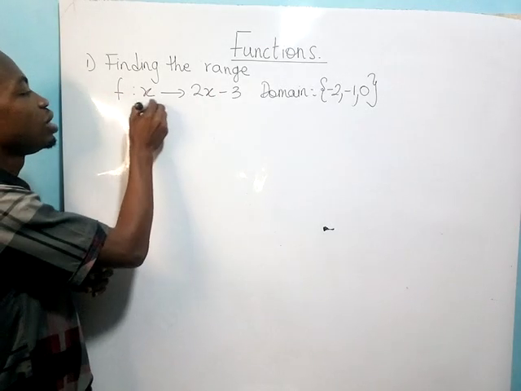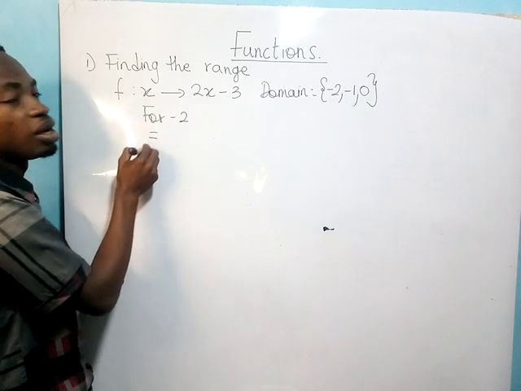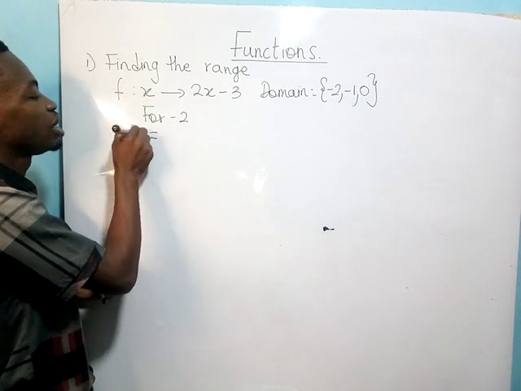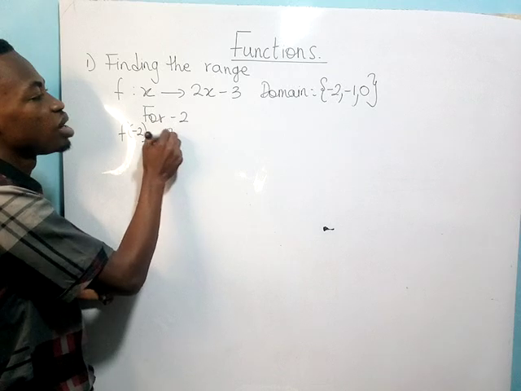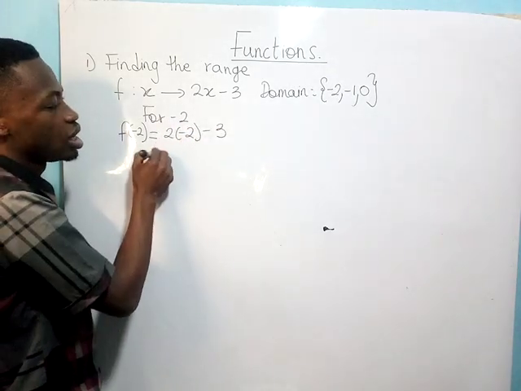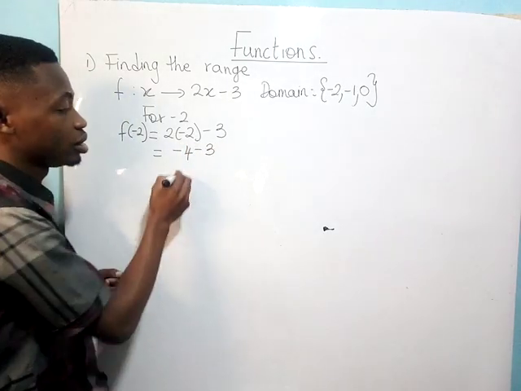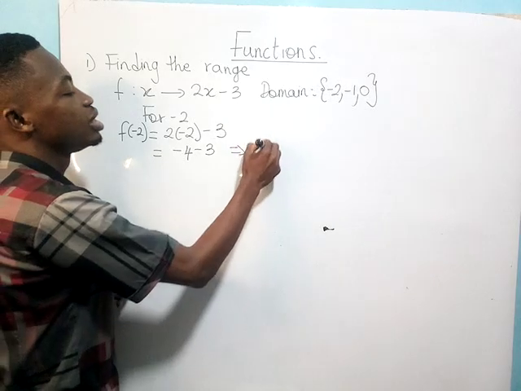So for -2, our f of -2 will give us 2 times -2 minus 3. Then we have -4 minus 3 here, giving us -7.